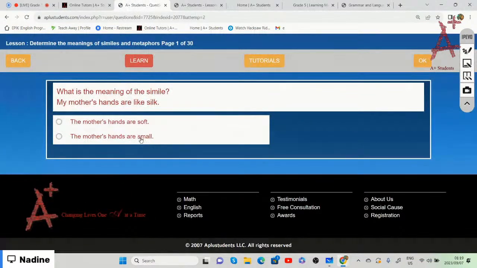All right, so now we need to determine the meanings of similes and metaphors. If we get to the test of similes and metaphors, it will ask: what is the meaning of this simile? My mother's hands are like silk.